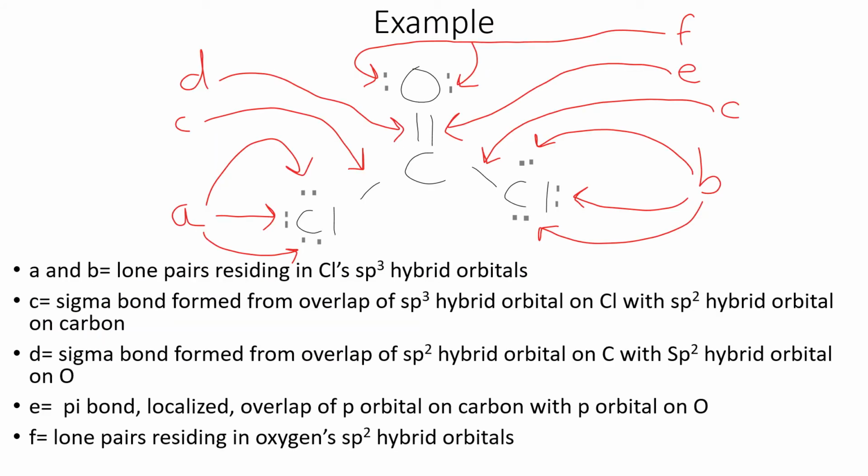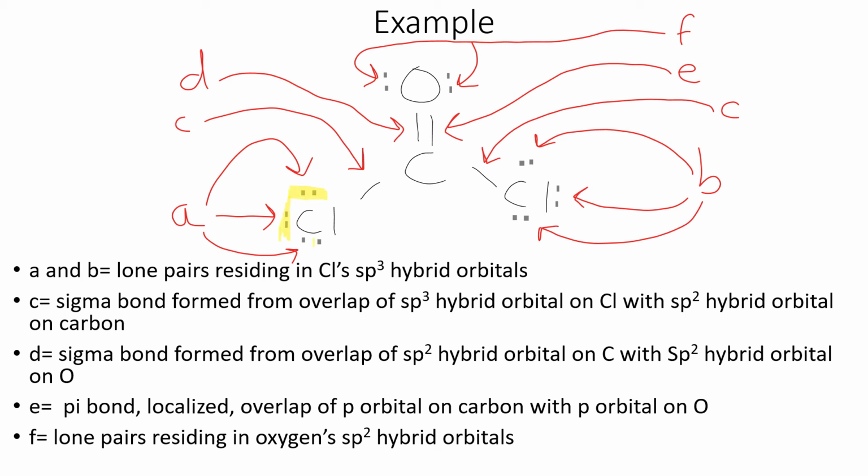So here's our first example. I labeled all of the electrons. The first sets we're dealing with are those labeled A and B. It turns out A and B are the same.